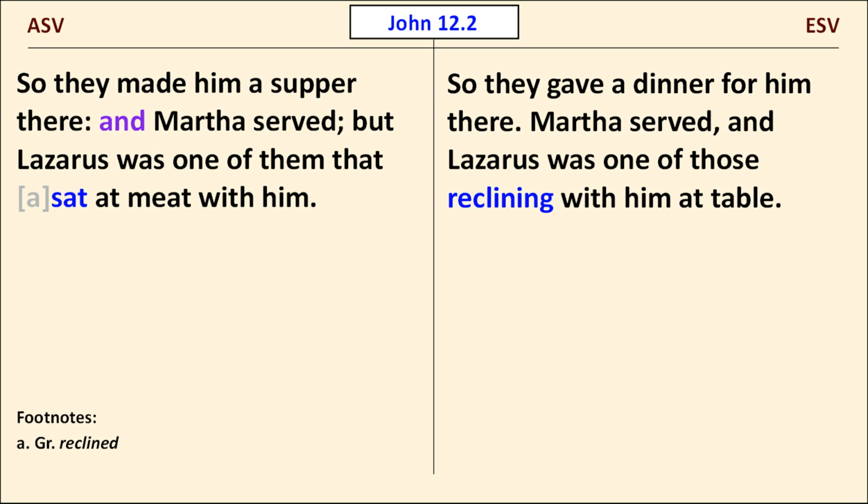To avoid giving the impression that the American Standard Version is always more literal than the English Standard Version, I want to show you John 12, verse 2. This verse is from the passage that describes how Mary, the sister of Lazarus and Martha, anointed the Lord's feet with expensive ointment.